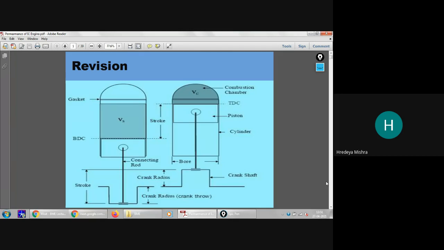Likewise, friction losses between piston and cylinder, because sliding is there. The friction loss due to the piston rings and cylinder, because the piston ring also moves or slides on the engine. So this is just a revision.